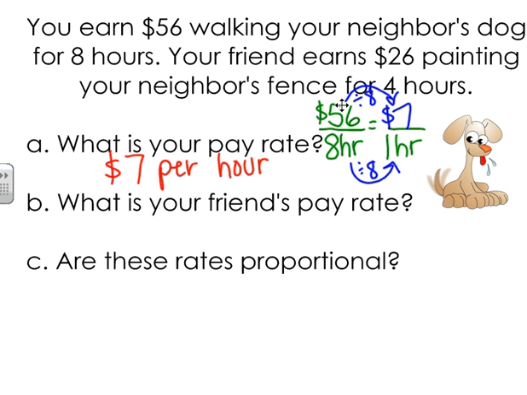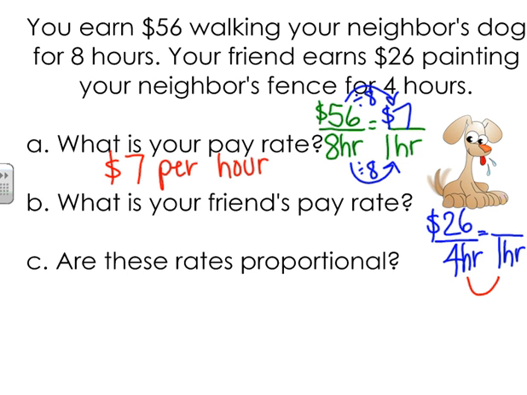To find your friend's pay rate, we're going to start the same way. This time your friend earns $26 in 4 hours. Set up a proportion, and we're going to find the amount of money they make in 1 hour.